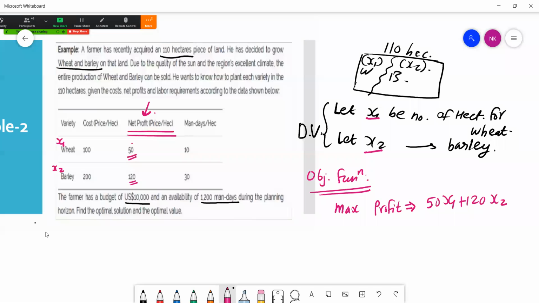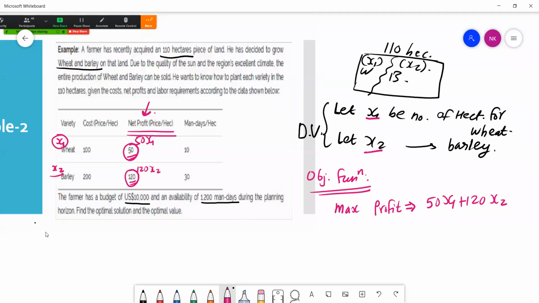This is the profit per hectare: if I am growing x1 hectares, then the profit will be 50x1. If I am growing x2 hectares, my profit will be 120x2. So I have considered this net profit column.